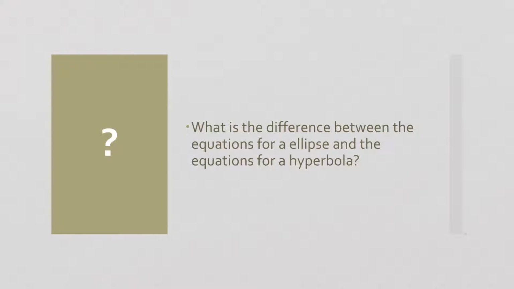So, what is the difference between the equation for an ellipse and the equation for a hyperbola? Go ahead and take a minute and think to yourself. The difference is a hyperbola has a minus sign.